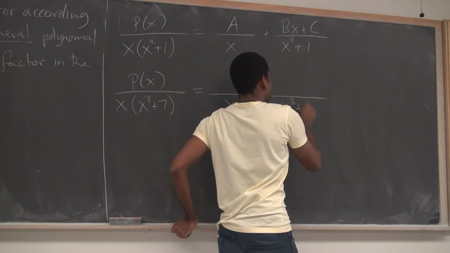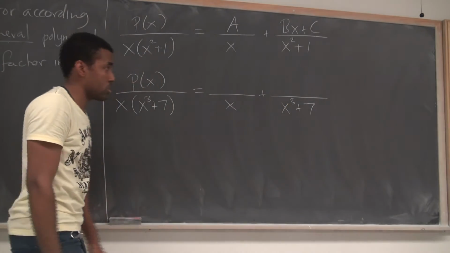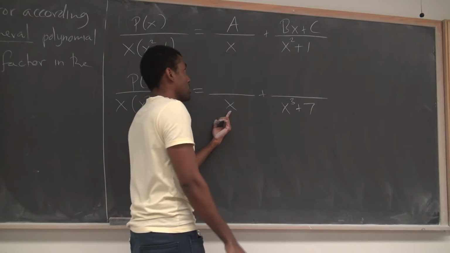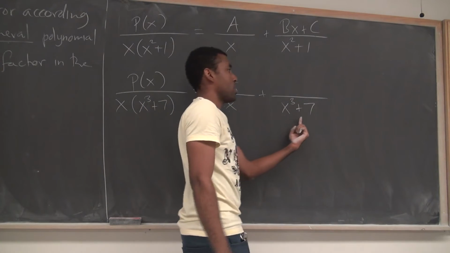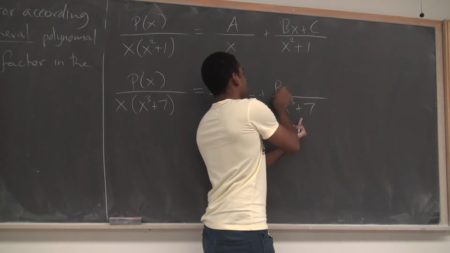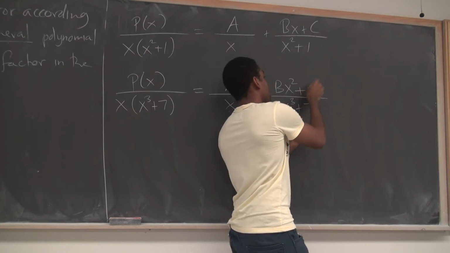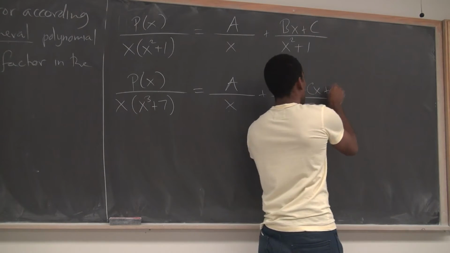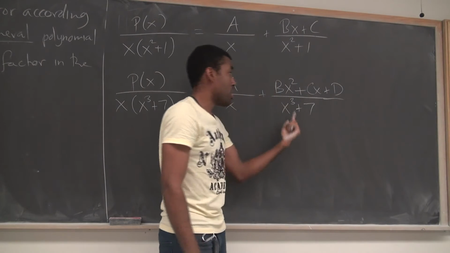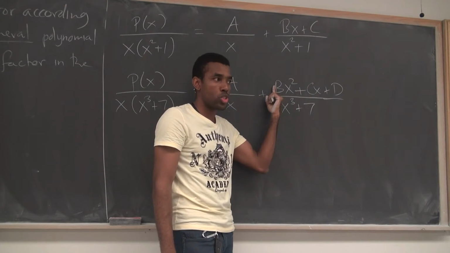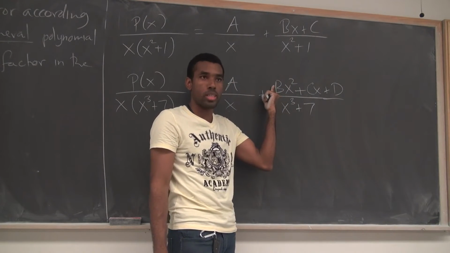Here's x cubed plus 7, which doesn't factor nicely over rational numbers. What goes on top here? Bx squared plus Cx plus D. The bottom is a cubic, which means the top has to be a quadratic. The top is always 1 degree less than the bottom.